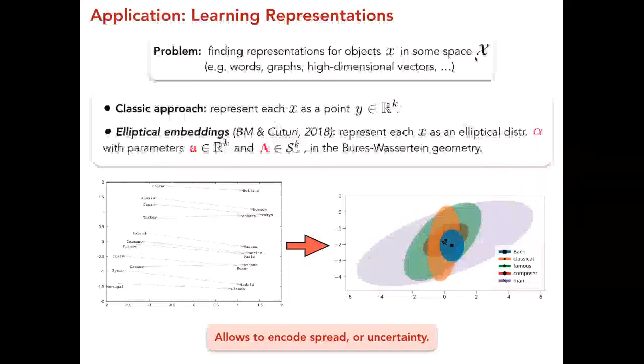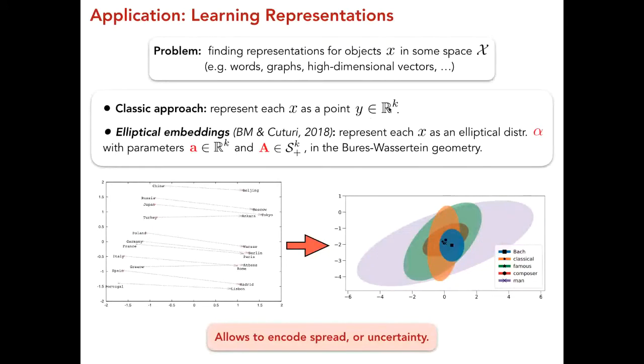So we can assume that we have structure on objects, or assume that we don't have any structure, right? And what we want is to find some representation that's going to be tractable mathematically. So the classic approach is to represent each object X as a point in a low-dimensional vector space, which is what we do when we do MDS or t-SNE or those kinds of methods.